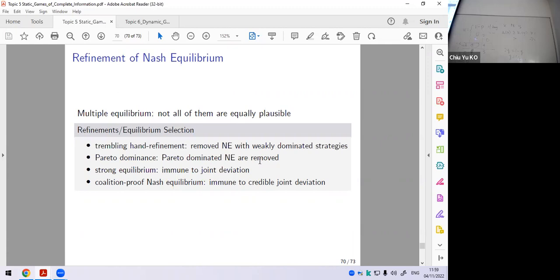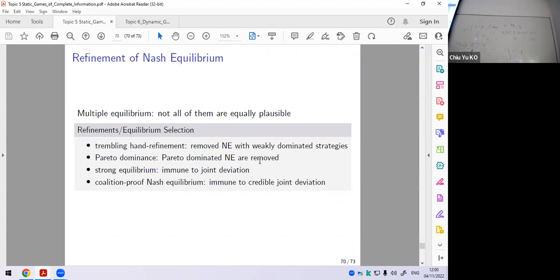They go together and deviate, so you always eliminate this guy. But the problem is that it is too strong, because in most cases you don't have a strong equilibrium. Say Cournot, Bertrand, none of them has a strong equilibrium. When you have most competition scenarios, you don't have a strong equilibrium, even Cournot.